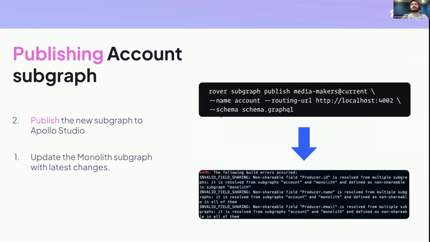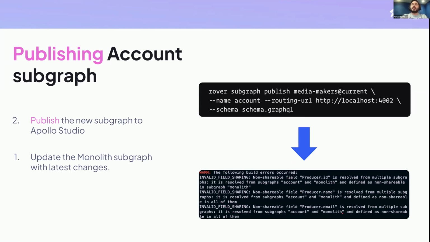So after that, we can publish a new subgraph, basically using the same rover command, but changing the account, which is the new subgraph name, and of course the routing key. Rover is going to make a request to this URL, sending the schema. But what happens if we publish this subgraph at this moment?